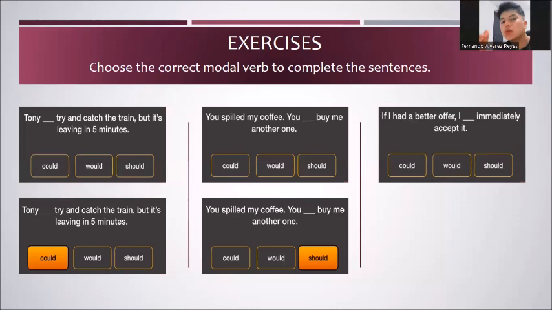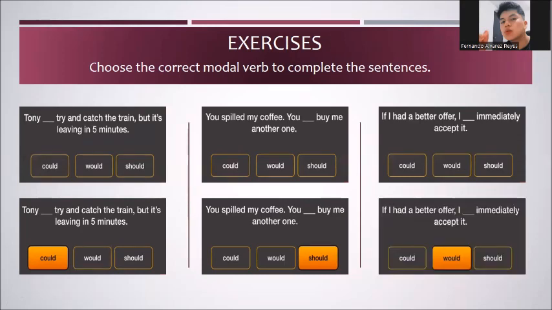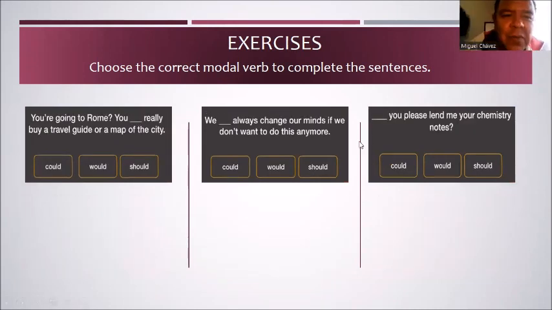Fernando. If I had a better offer, I would immediately accept it. Yes, good. Thank you, Fernando. Yes, it's correct. Thank you. Okay, let's continue, please.